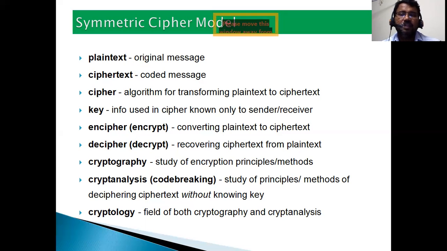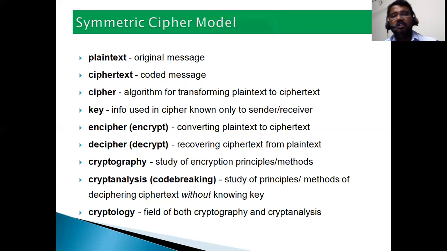Then we have cryptography. Cryptography is nothing but the study of these encryption principles. Now you better understand the meaning of cryptography. The study of these encryption techniques is called cryptography. Then, the reverse of this, we have another study which is called cryptanalysis.